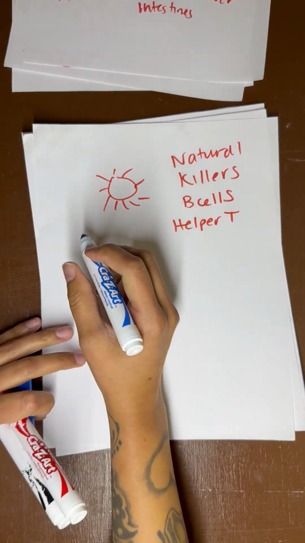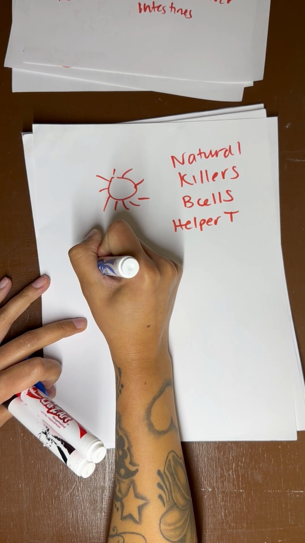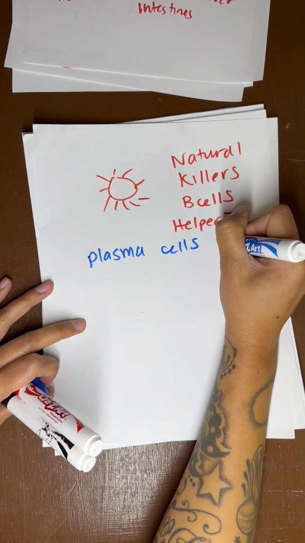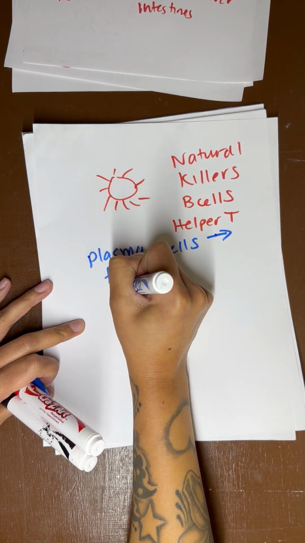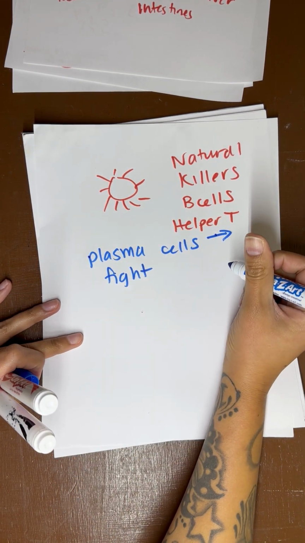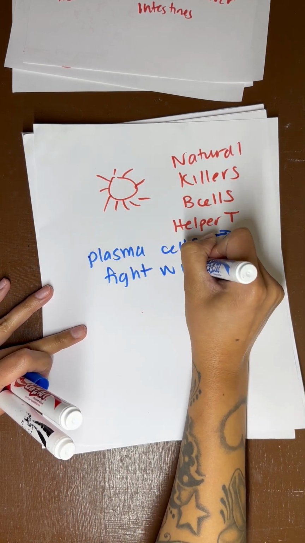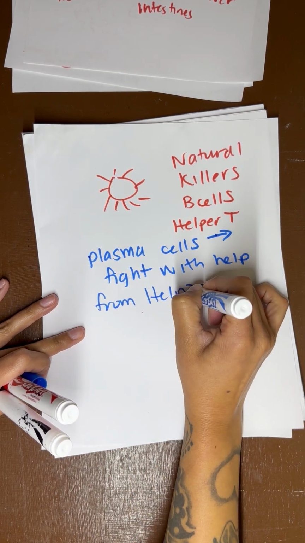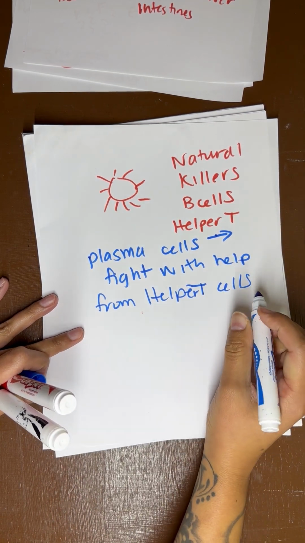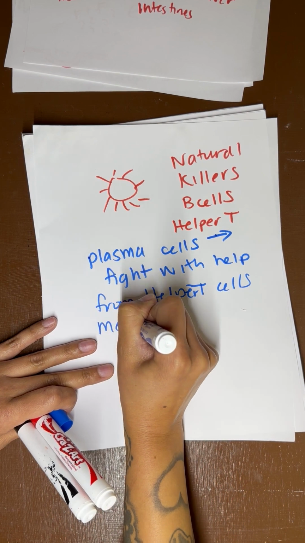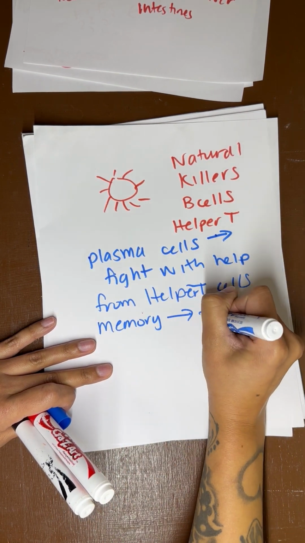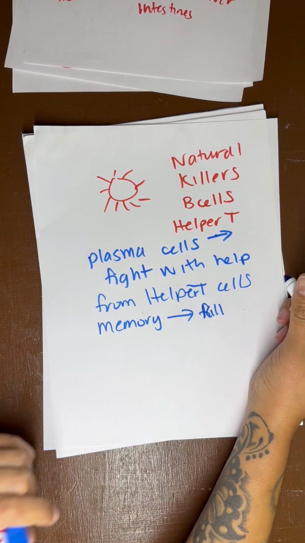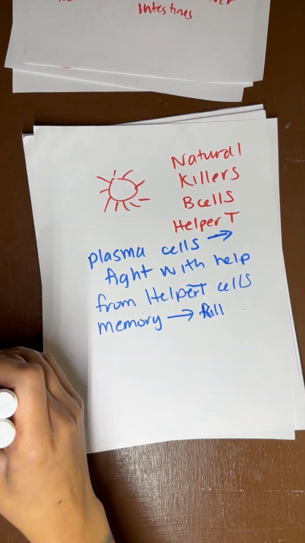Eventually, we have the cells activate the plasma cells in the body, and these tend to fight against the virus with the help from helper T cells and memory cells to fight and kill the cells so that we can eventually become immune to the virus.